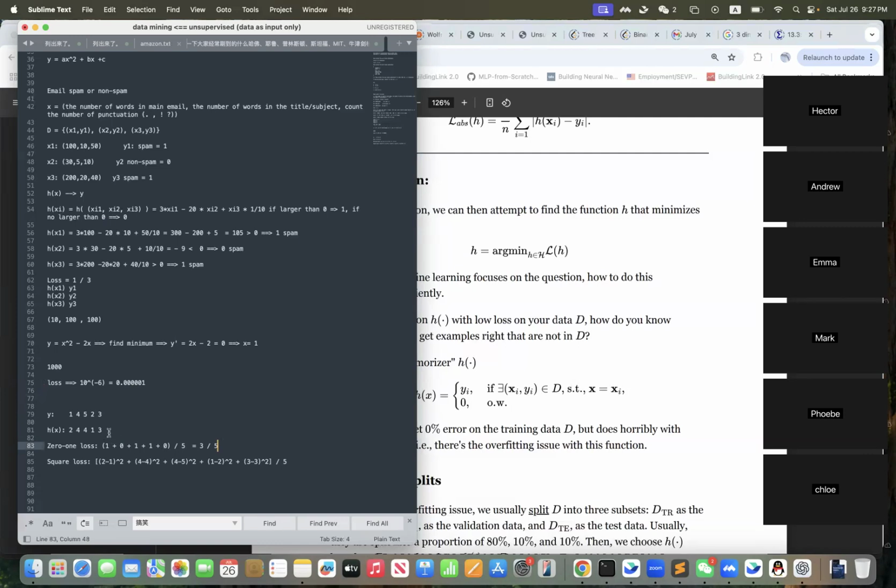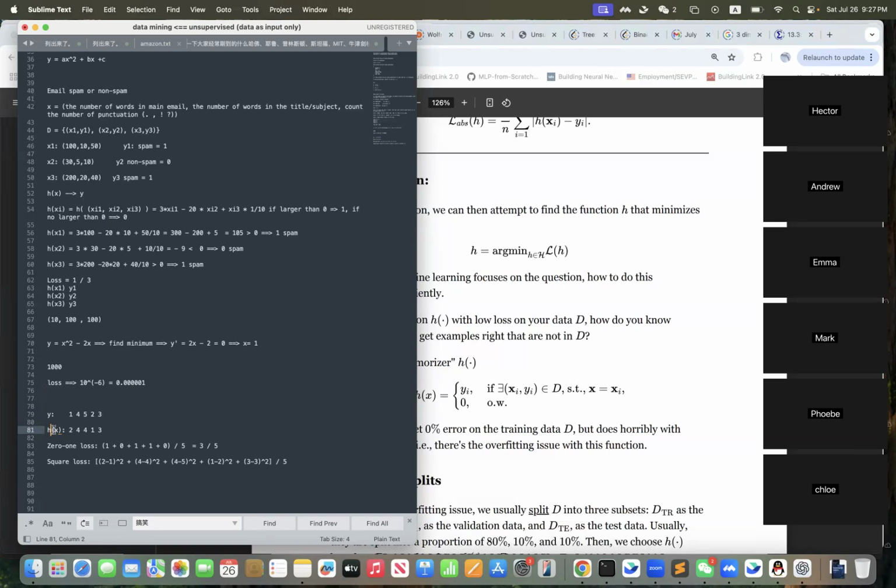Since we trained on this training data set, this large D here is the training data set, we really want to apply this h on some testing data set, on some new data, and recalculate the loss on the test data.